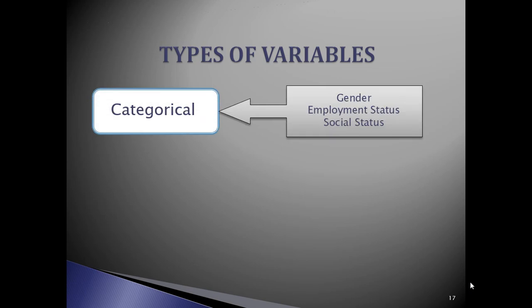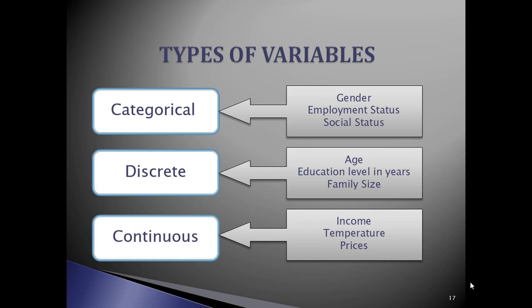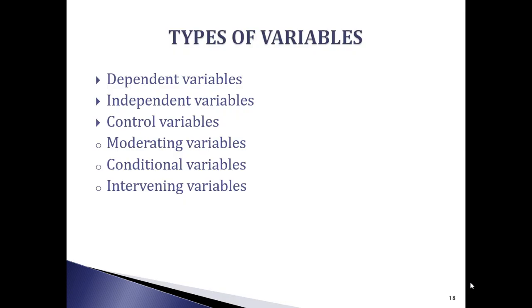A variable can be categorical, for example gender, which has two categories such as male and female. A variable can be discrete, for example age, family size. And a variable can be continuous, for example income and prices.